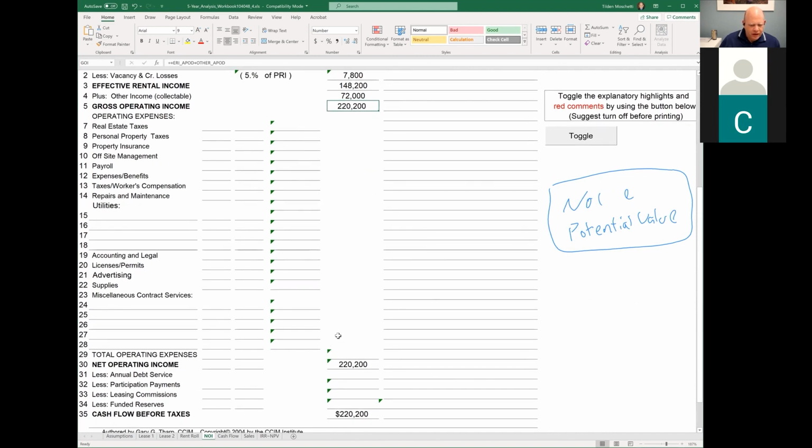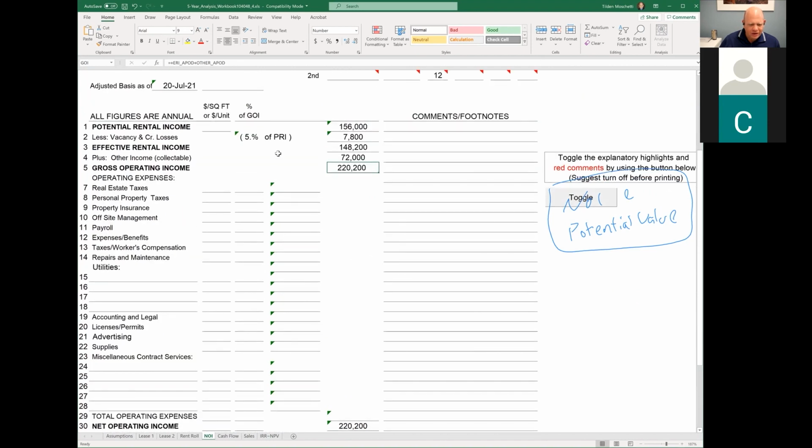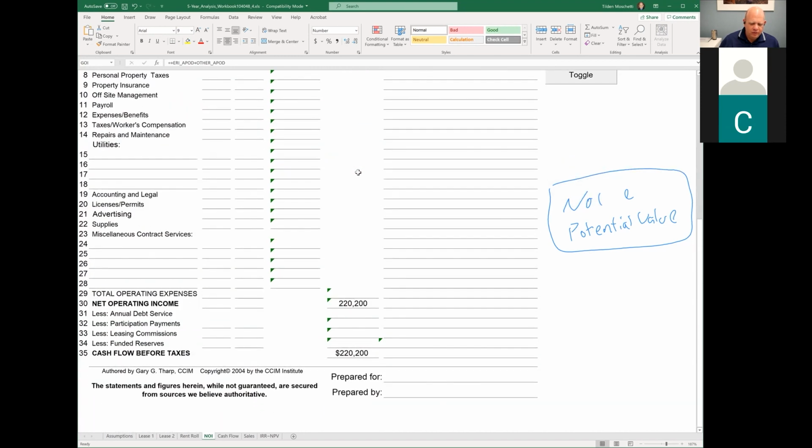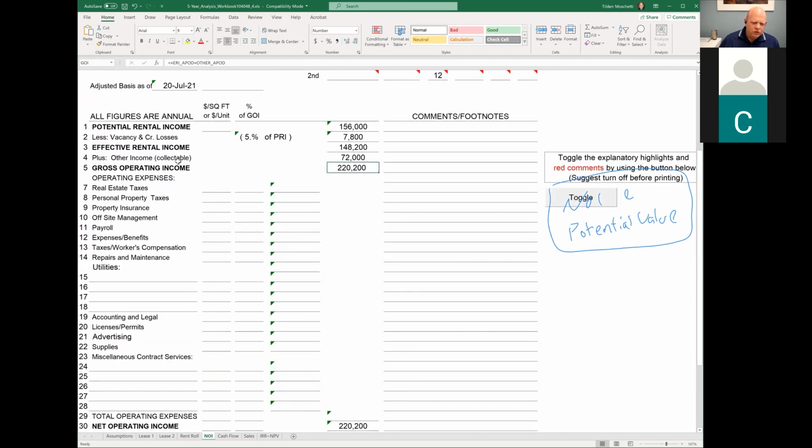That is there. And I actually would rather put it in so it gets reduced by vacancy and credit loss. For whatever reason, CCIM didn't do it that way. Our spreadsheet does have it, so it reduces that amount. Because there's really two types of income.